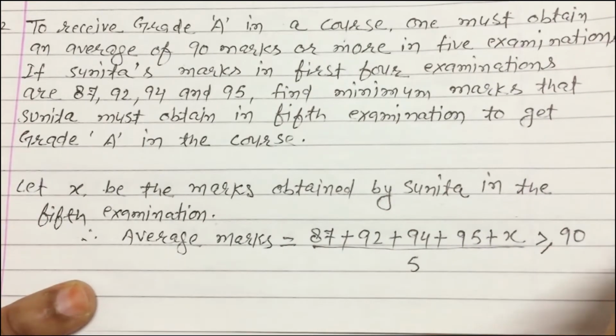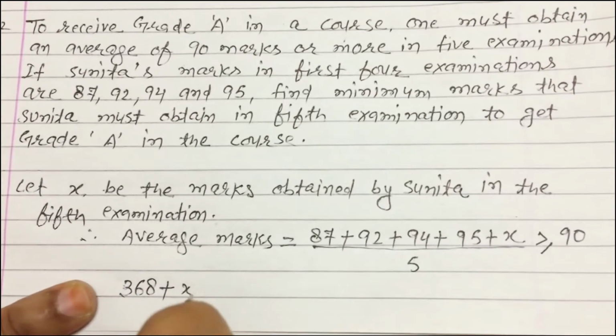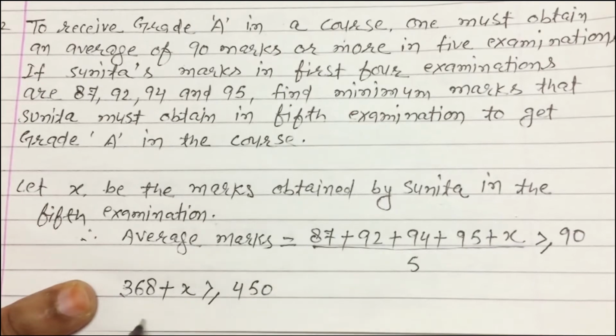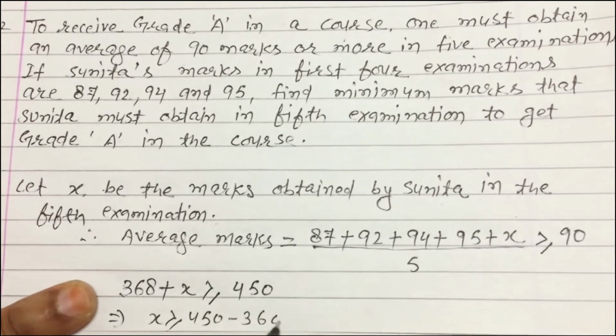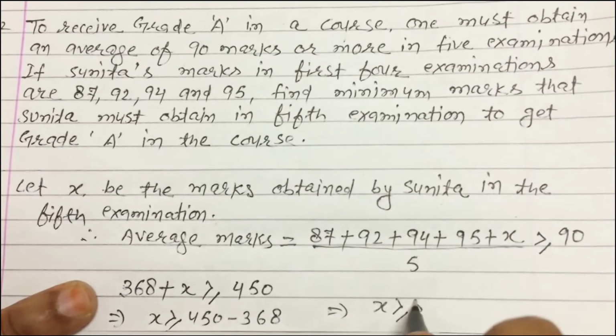So here it is 368 plus X greater than or equal to 450. Okay students, so X is greater than or equal to 450 minus 368. So we will get X greater than or equal to 82.